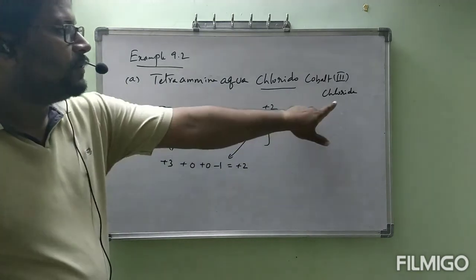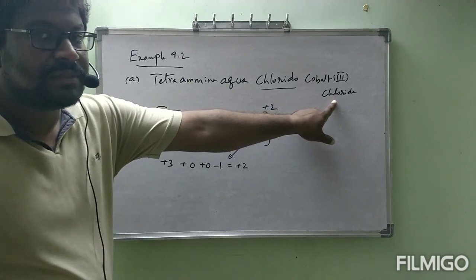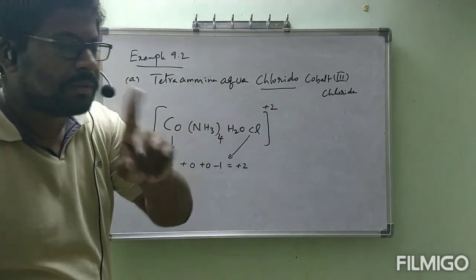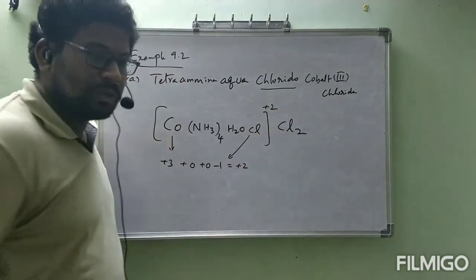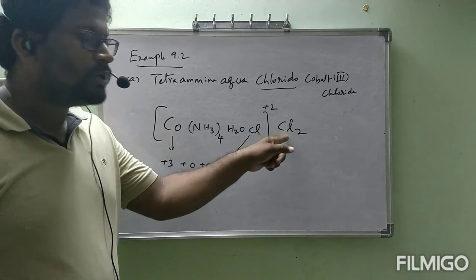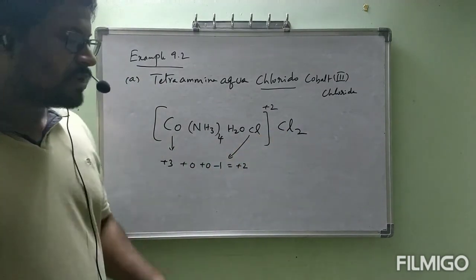Okay, outside we have chloride. How many chlorines? 2. Because here we have plus 2, outside we have to get minus 2. To get the minus 2, how many chlorines do we have to write? 2 chlorines. Now, this is the formula of the compound.